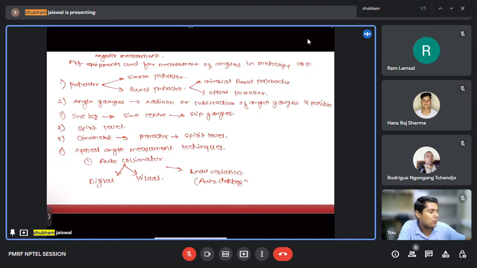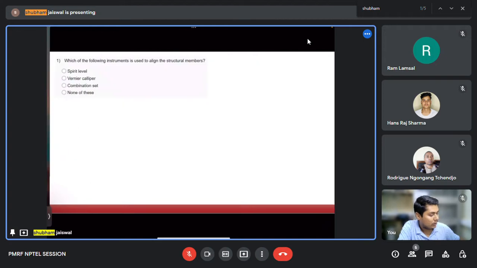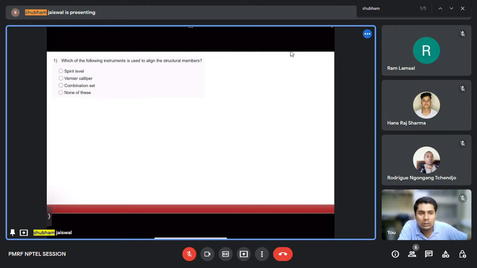So with this we'll proceed towards the problems. The first question is, which of the following instruments is used to align the structural members? Can anyone answer this? Mr. Hansraj, Mr. Ramlal?